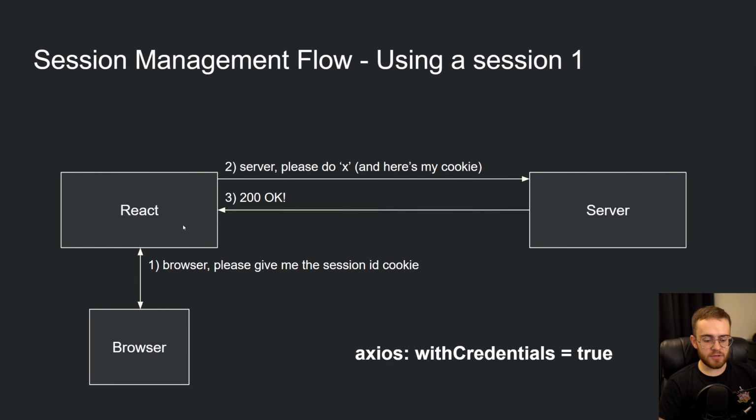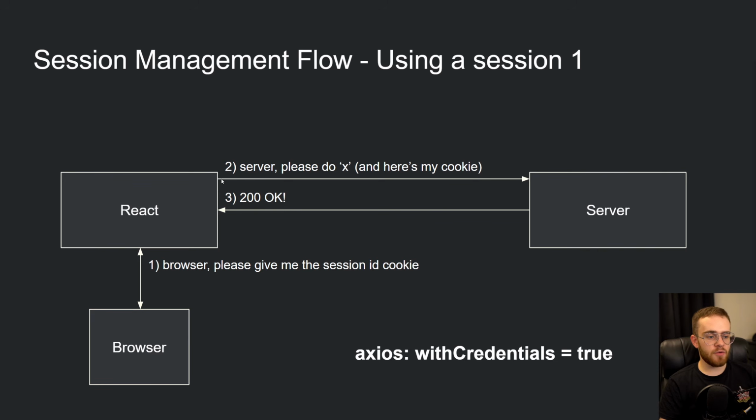That session cookie is essentially there to identify, if the server receives a request, who is actually sending that request, right? So which user is making that request. Let's imagine we want to make a GET request to a server. If you're using, for example, Axios, you have to set withCredentials to true, which is a little bit out of scope for this video, but this will then automatically be done.